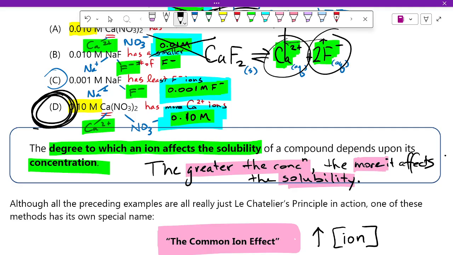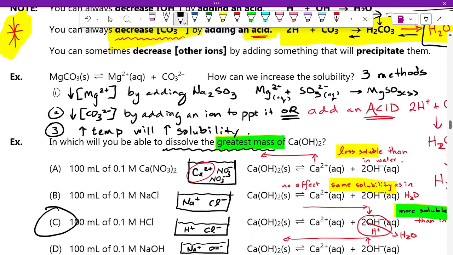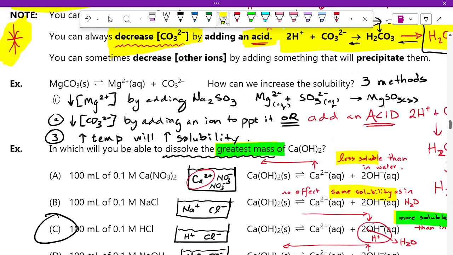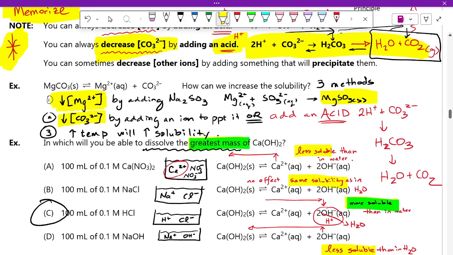We can shift these equilibria not just by increasing the concentration of an ion. We shifted the equilibrium by decreasing the concentration of an ion, and we could do that by precipitating it.